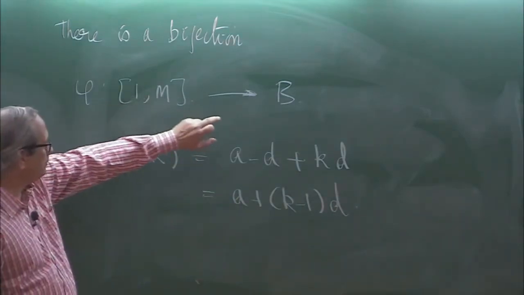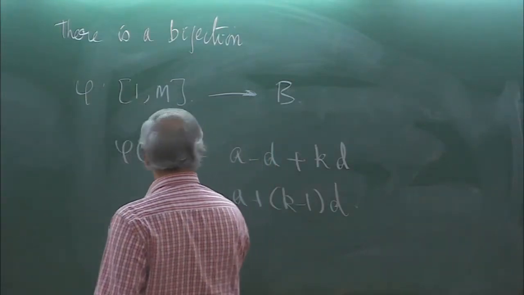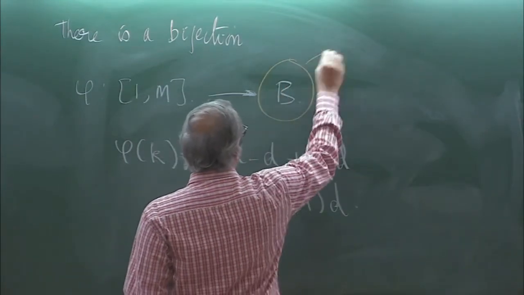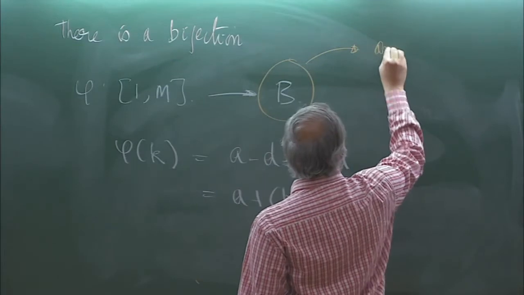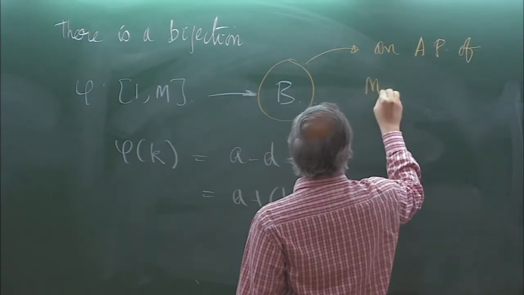So 1 to m goes to B, because you recall that this B is an AP of m terms.